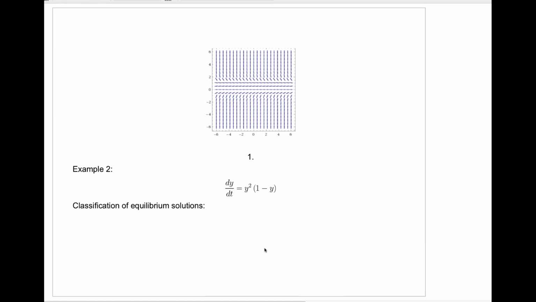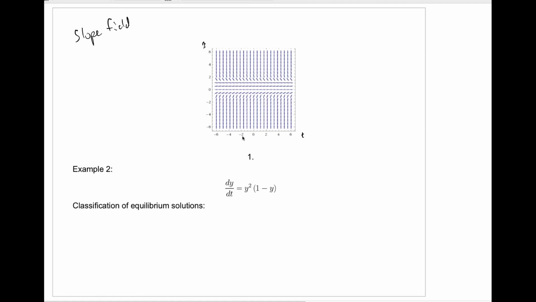When you have an autonomous differential equation, the slope field or direction field is very simple. Notice that a particular value of t is along this horizontal axis, and of course y is here along the vertical axis.